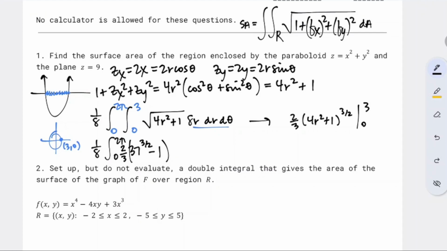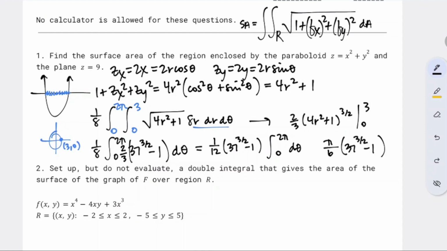All right, now 1/8 times 2/3 would be 2 over 24, which is 1/12 of 37 to the 3 halves minus 1. Factor that all out because that's a constant, 0 to 2 pi d theta. I'll just multiply the result by 2 pi. So I would have pi over 6 times 37 to the 3 halves minus 1. That's a really bad number, but that's how we're going to do it.